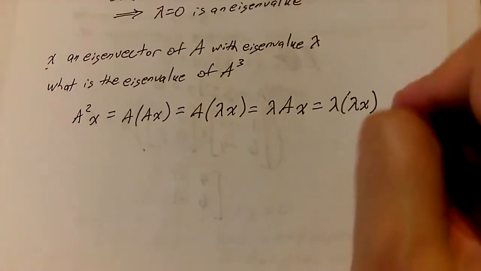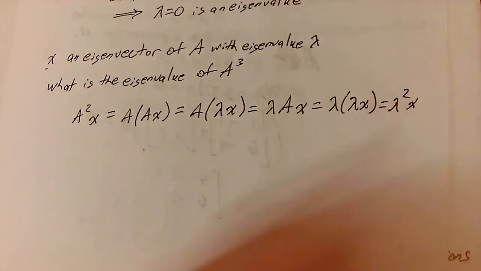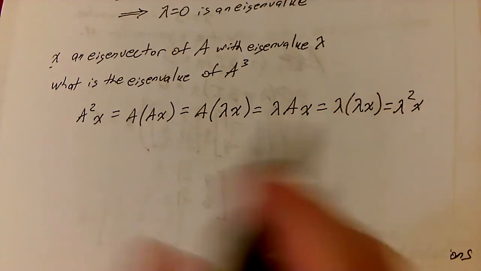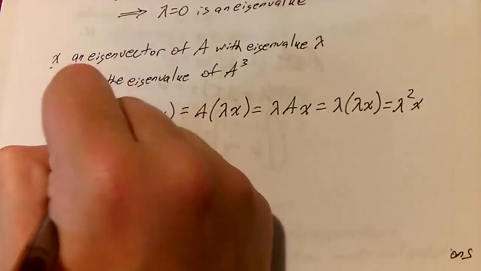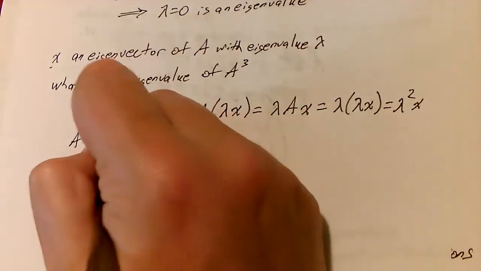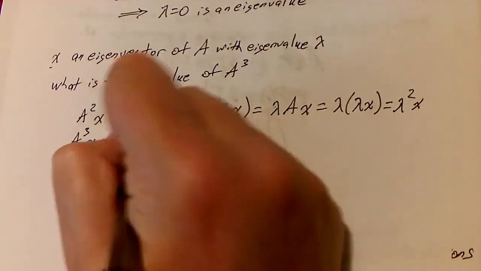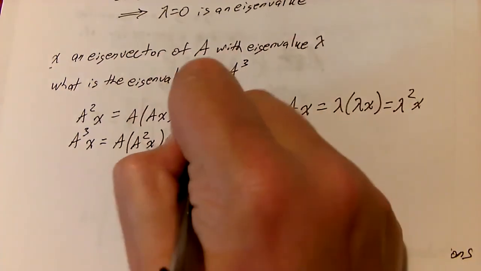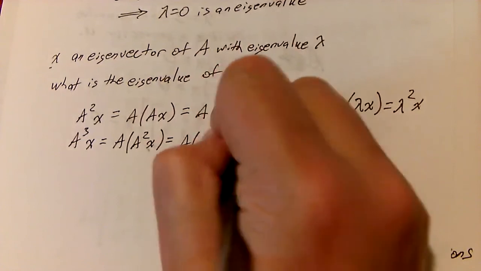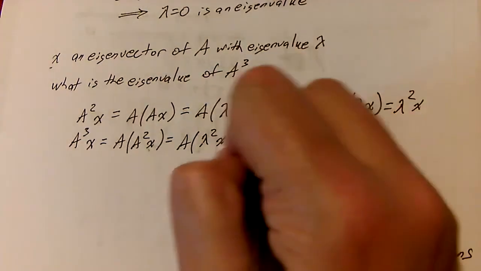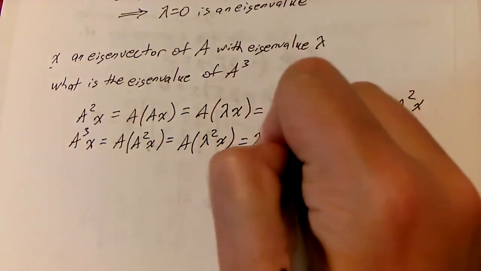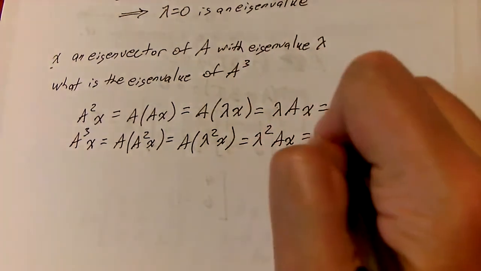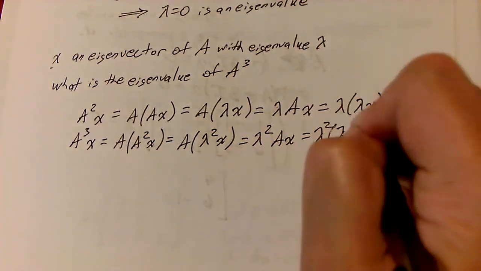So what have I found? This is lambda squared x. So the eigenvalue of A squared is lambda squared. Similarly, if I go to A cubed, this would be A times A squared x. A squared x, I know, is lambda squared x. Lambda squared is a constant, so I can pull it out to the front. Ax again is lambda x.